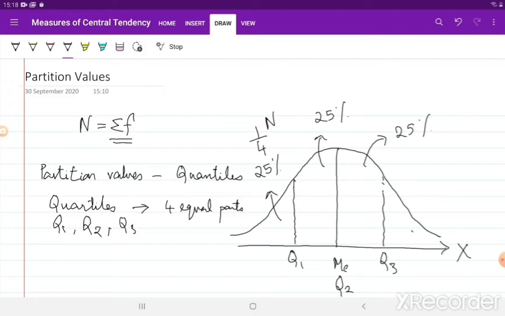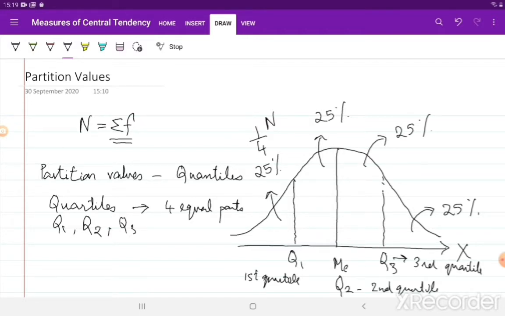And finally, the last 25% of the observations will lie to the right of, or will be values greater than, your Q3 value. Q1 is called the first quartile, Q2 the second quartile, and Q3 your third quartile.